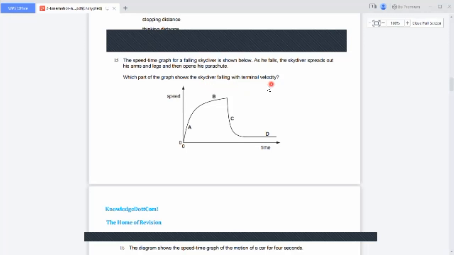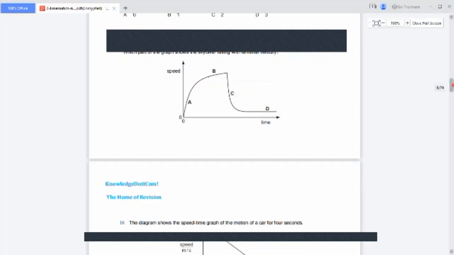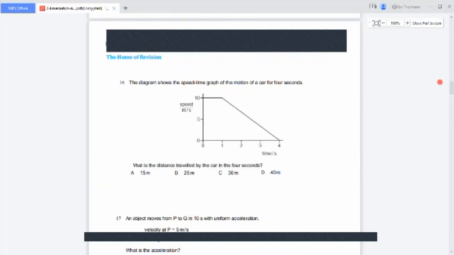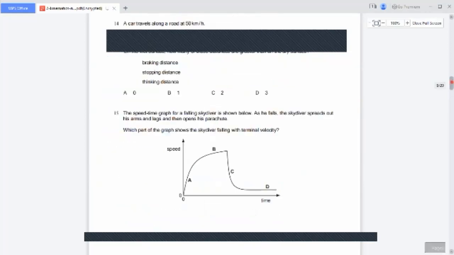Terminal velocity is the constant velocity. You can see this is the starting point, when it has zero velocity. When he jumps, initially his speed is increasing.